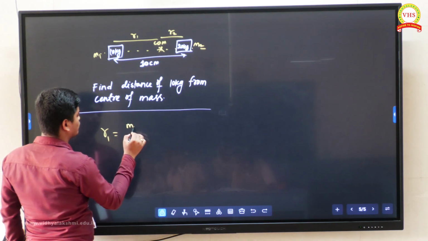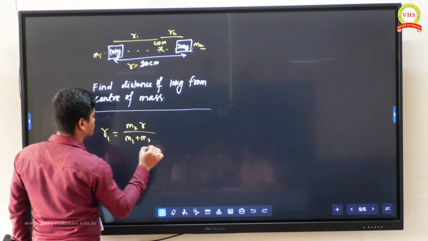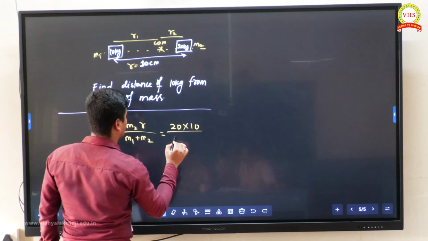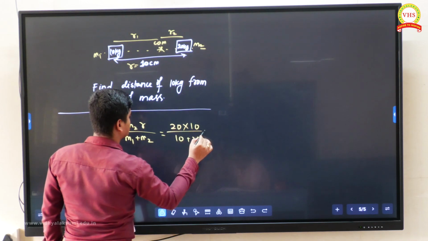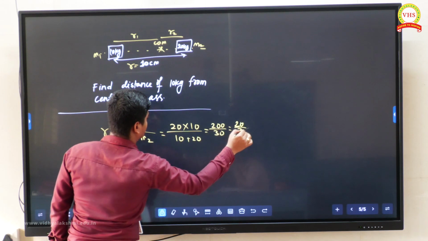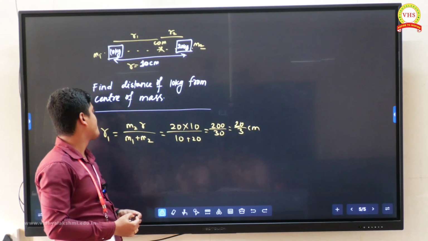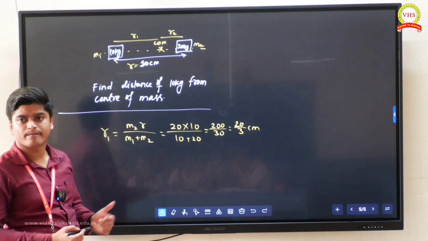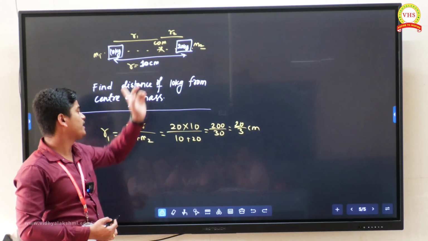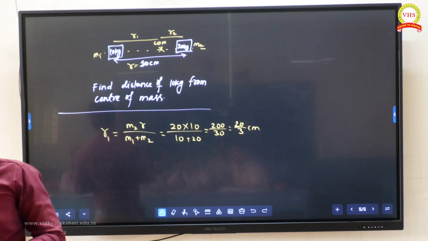So to find R1, what to take? M2 into R divided by M1 plus M2. Now M2 is 20, so 20 into 10 divided by 10 plus 20. Now 200 by 30. So again how much is coming? 21. Correct? Yes or no? Are you getting this? So M2 into R, 20 into 10 divided by 10 plus 20. So again it is coming 21.